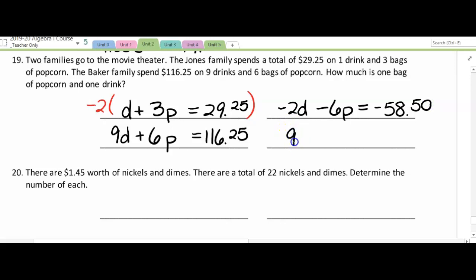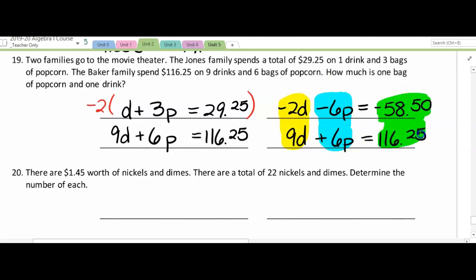My original equation for the second equation is right here. And if I use my color, you'll see that I'll have my yellow bubble, my blue bubble, and my green bubble. The blue bubble will cancel.